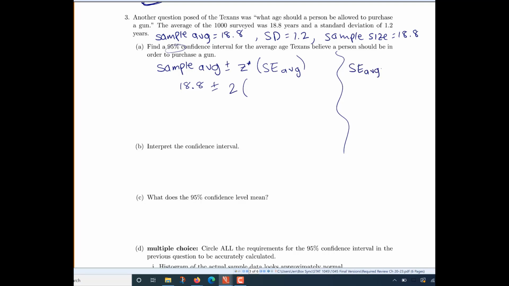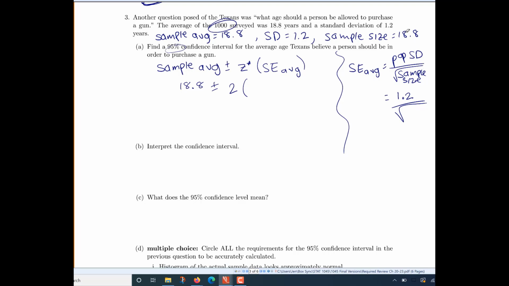Standard error for average is equal to your population standard deviation over the square root of your sample size. Now, we don't actually know the population standard deviation right here, I don't think. I think it just says standard deviation. It might be the sample, it might be our population, but that is the best that we know, so we'll just use it. 1.2 over square root of my sample size of 1,000.